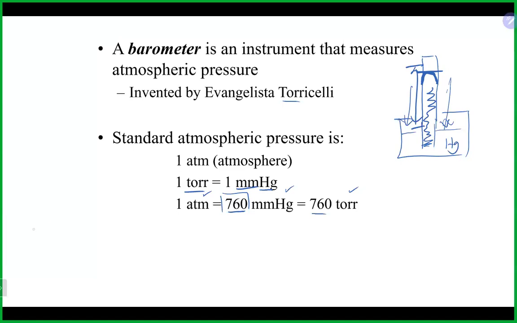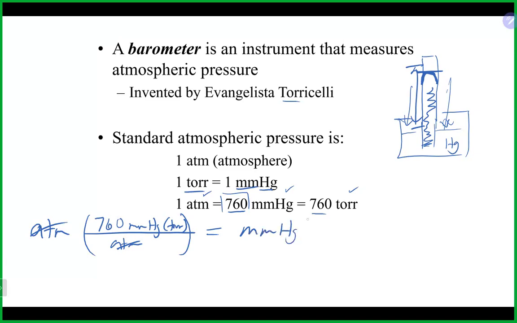So basically, if you have atmospheres and you want either millimeters of mercury or torr, you're going to multiply by the 760, and that way the atmospheres will cancel, and that gives you millimeters of mercury or torr.